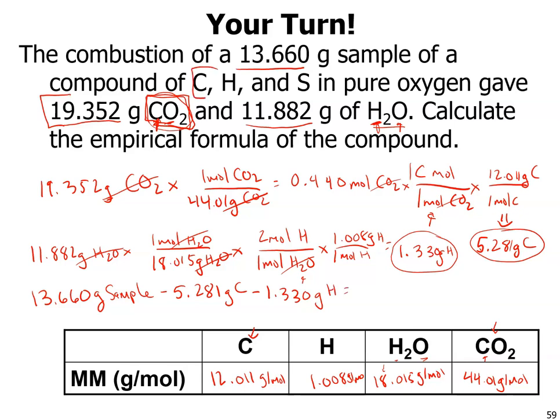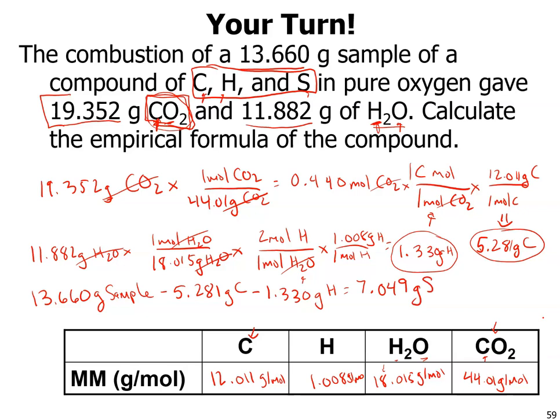Remember, this originally had carbon, hydrogen, and sulfur. So once we've determined the grams of hydrogen and carbon, then everything left over is the sulfur. And that's going to be 7.049 grams of sulfur.